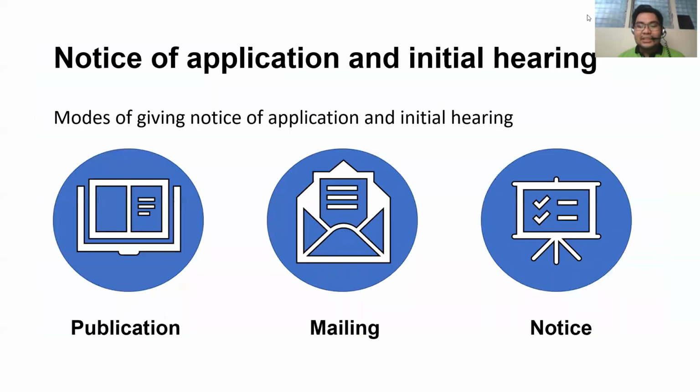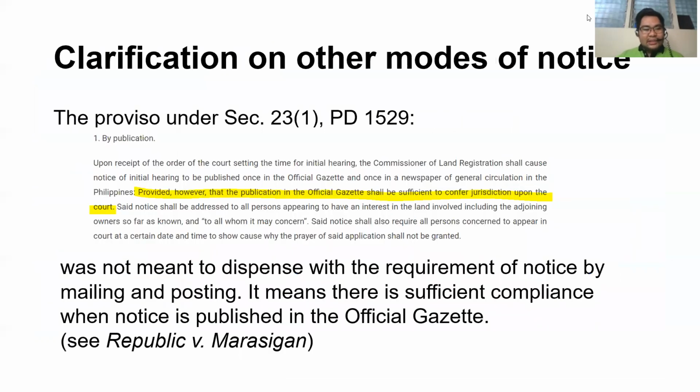Next slide, please. There are three means or modes of effecting notice of application and initial hearing. 1, publication; 2, mailing; and 3, posting or notice. In Republic versus Marasigan, there was a clarification regarding the modes of notice.